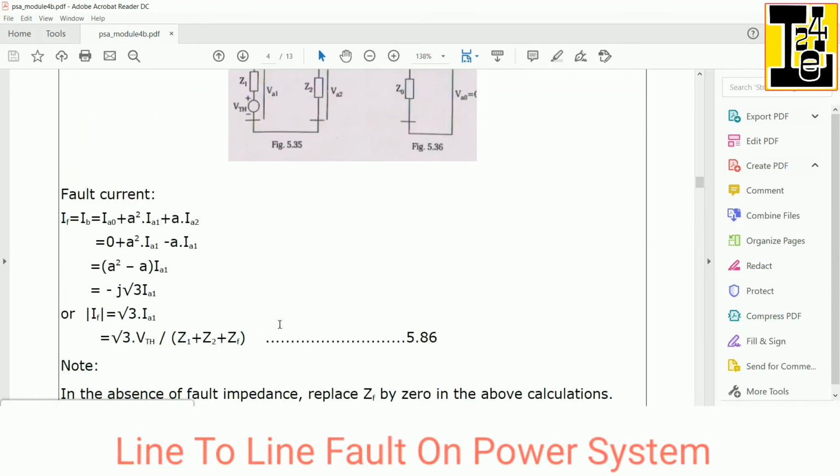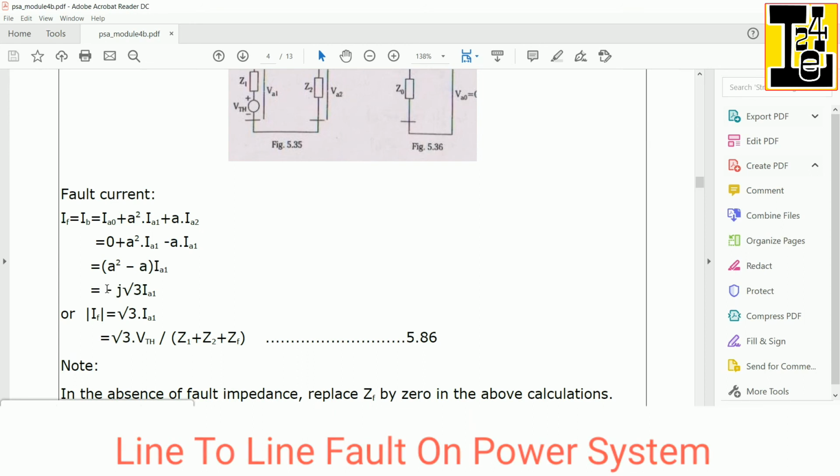Let us find the expression for the fault current. As IF can be either IB or IC, we will be taking IB here. So it is expressed in terms of the symmetrical components like this. Substituting the expression for IA2 in terms of IA1 and solving it, we will get (a squared minus a) into IA1. Further, a squared minus a is expressed as minus j root 3.